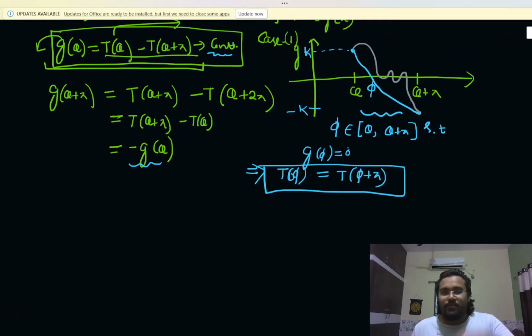Yes. So please note that in any other case also, let's say here it is crossing 1 time, 2 times, 3 times, 4 times, 5 times. So this would basically mean that there were 5 instances such that g became 0, the difference became 0, or temperatures were equal.